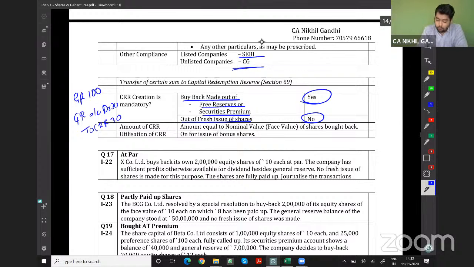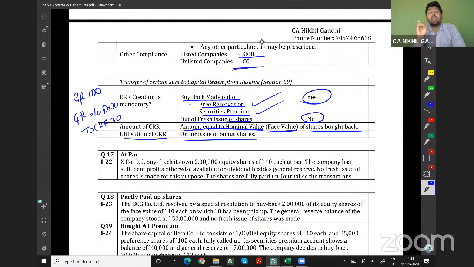Amount of CRR: the amount should be equal to the nominal value, which is nothing but the face value, of shares bought back, if the shares are bought back using free reserves or securities premium. Utilization of CRR: CRR can be utilized only for issue of bonus shares.